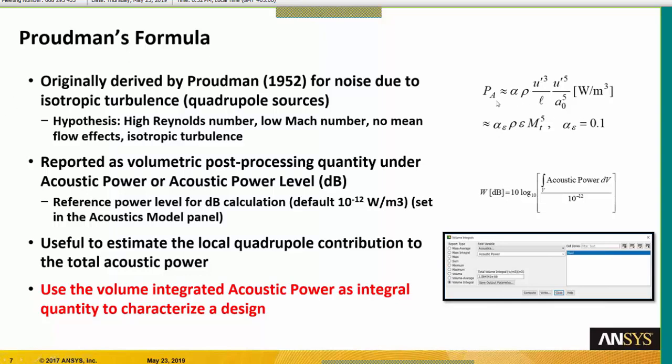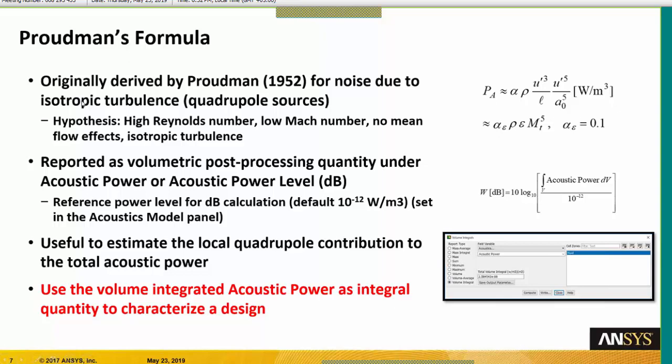So, as you can imagine, you define this acoustic power based on turbulent properties. And here you recognize, for example, u prime, which is in fact a turbulent velocity. You divide by a0, which is the sound speed, to the power 5, and from this ratio you will be able to define an acoustic power.